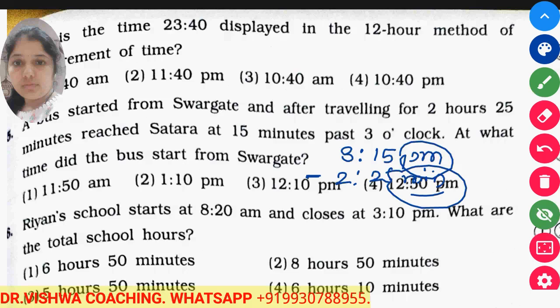But here one twist is there, because it is the post meridian time.